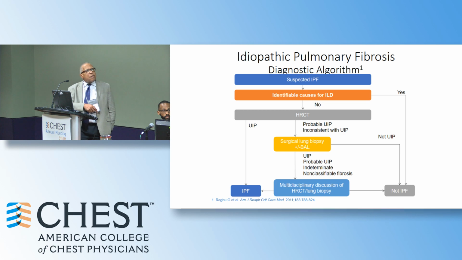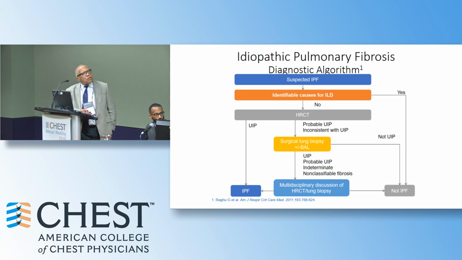And so the algorithm that has been proposed, and I take this from the 2011 recommendations, but modified it to conform with the subtle changes in the most recent recommendations. That is, we start out with a patient in whom we suspect the diagnosis of IPF. We look for identifiable causes for interstitial lung disease, and I'm going to spend a little bit of time talking about that.